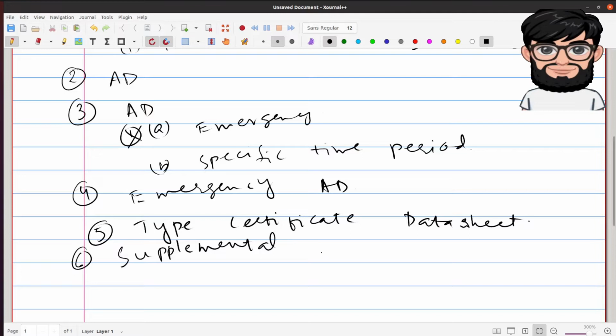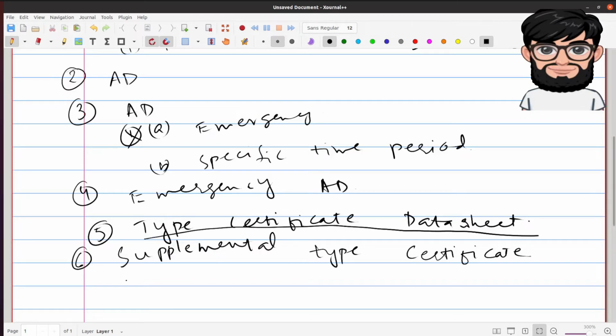Supplemental type certificate. Okay, what is a supplemental type certificate, also called the STC? It is basically the FAA's approval of a major change in the type design of a previously approved type certificate product. So you have a type certificate product, but then they may issue a supplemental type certificate.